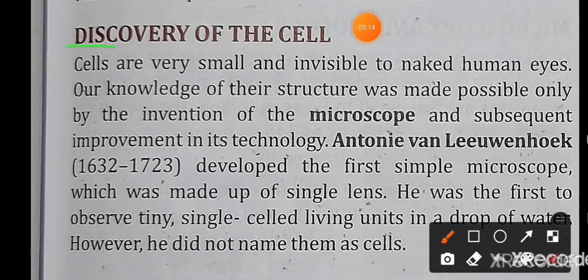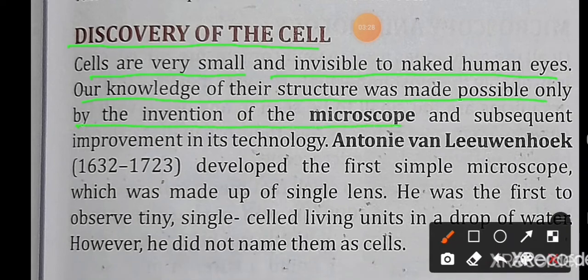Discovery of cell. Cells are very small and invisible to naked human eyes. Our knowledge of their structure was made possible only by the invention of the microscope and subsequent improvements in its technology.